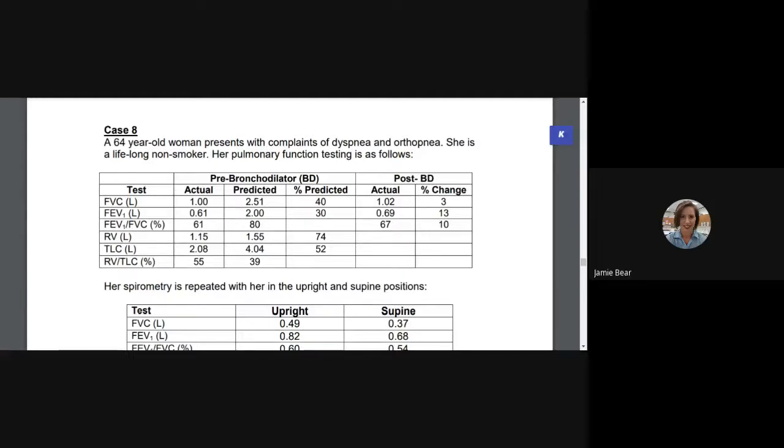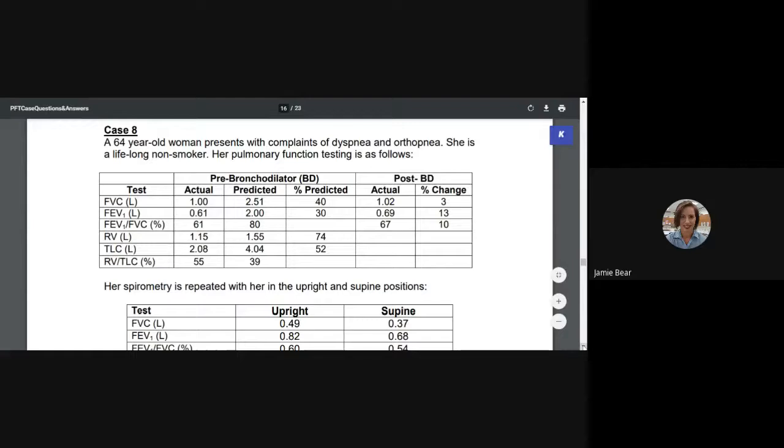However, take a look at this. She also has low lung volumes and capacities. Okay, so this is an example of a patient having both a restrictive and obstructive component in their lungs. And that does happen with patients.